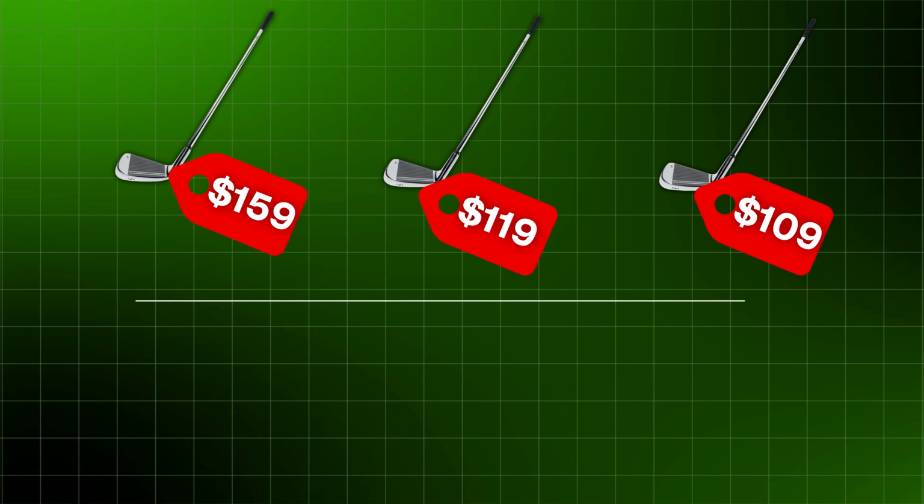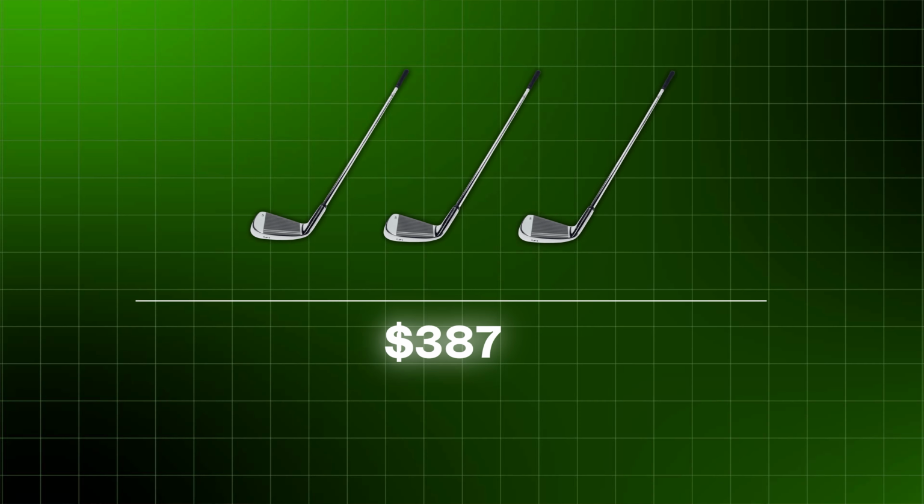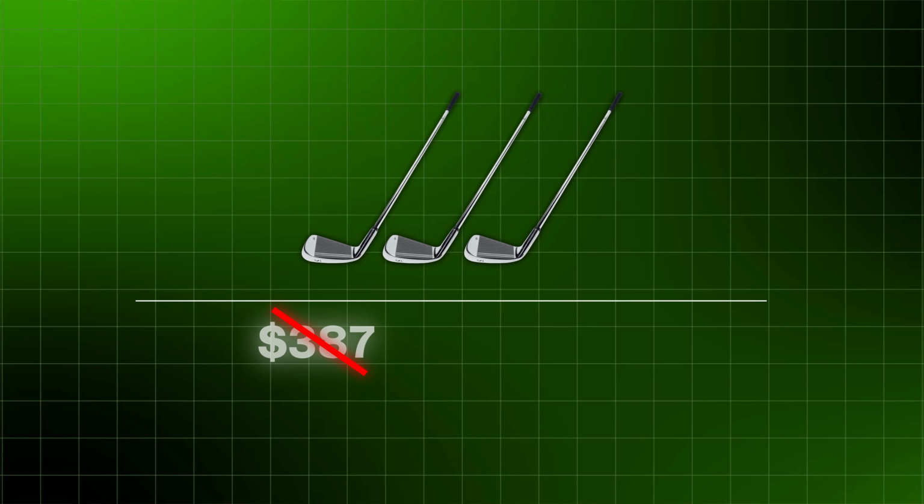So normally that would be around $387 worth, right? But with the bundle you can buy the 3 clubs for just $299, which saves the customer actually $100. And this is a good value proposition, which is extremely compelling, and it will automatically bump up your AOV.